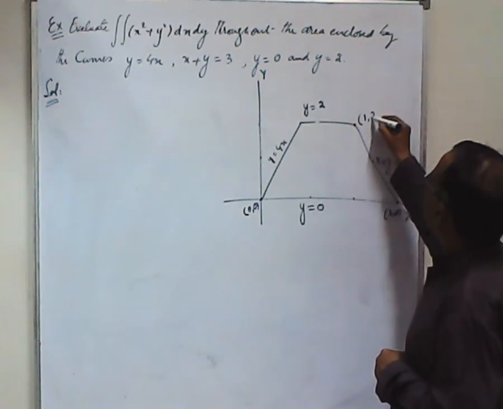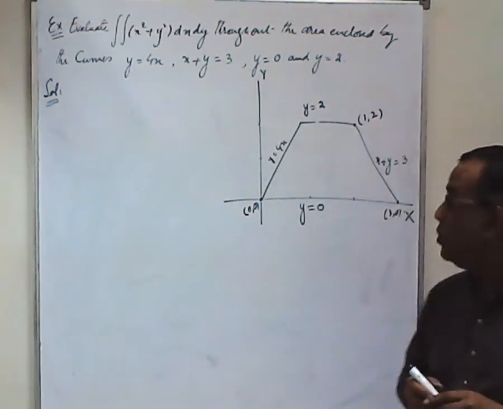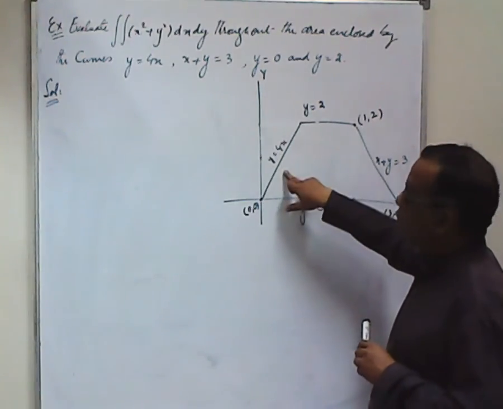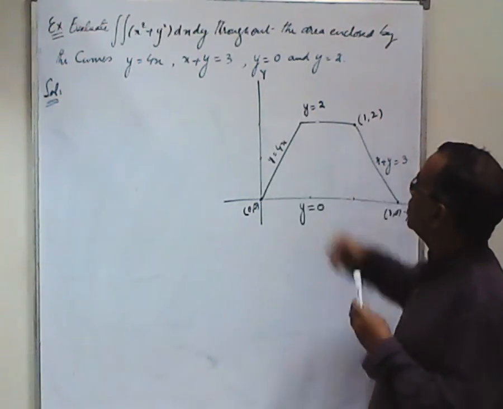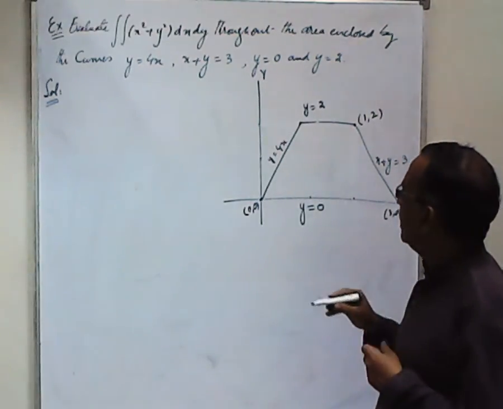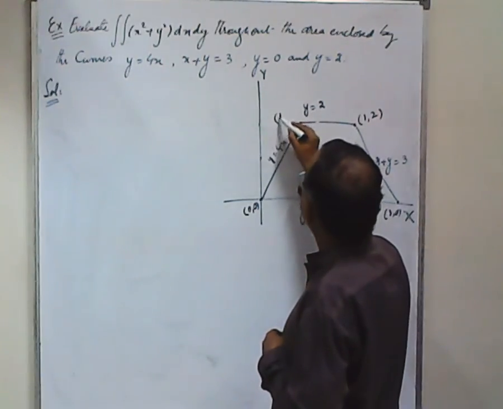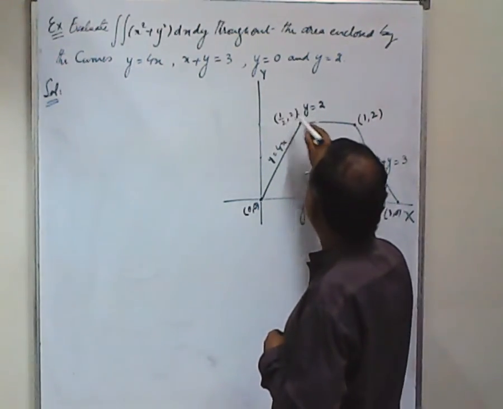So the point is 1, 2. Again, this is y equal to 2 and y squared equal to 4x. If I substitute y equal to 2 here, then x will be equal to 1 by 2. So this point is 1 by 2, 2.